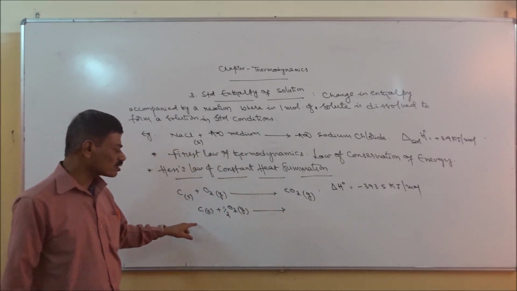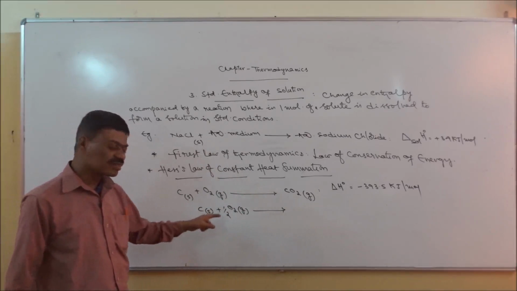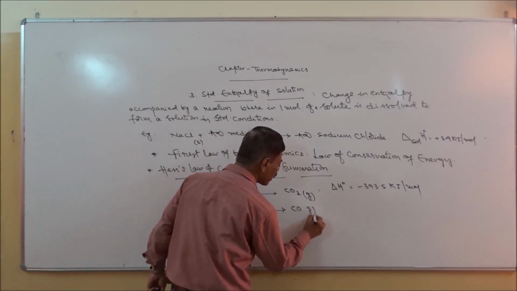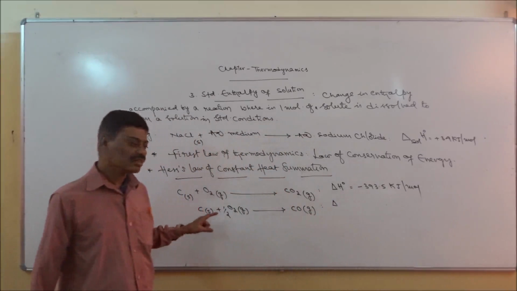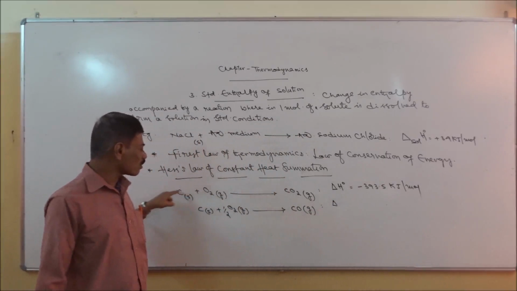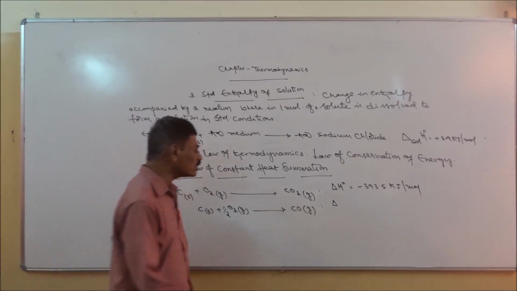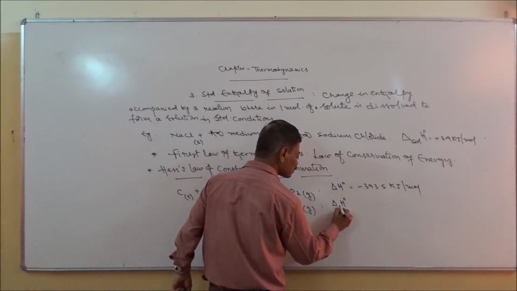Otherwise, we can write 2C plus O2 gives rise to 2CO. Otherwise, C plus half mole O2, which gives rise to CO, that is carbon monoxide, is a gas. And this reaction is taking place in two steps. This is step 1. So we write delta 1 H naught.